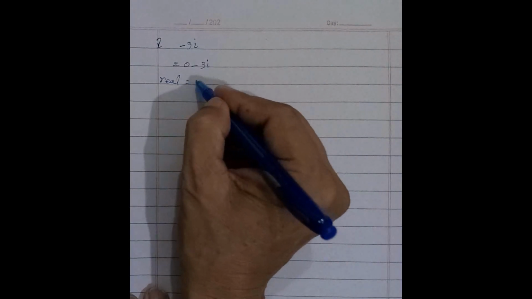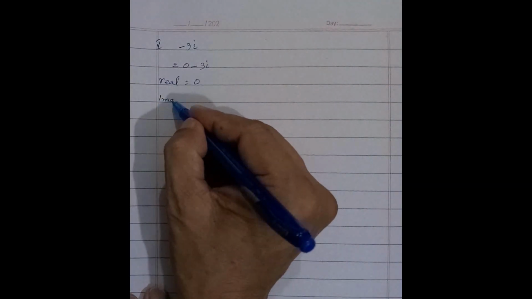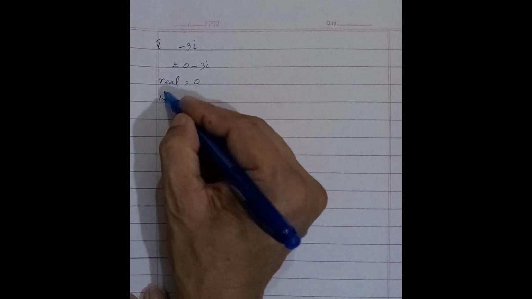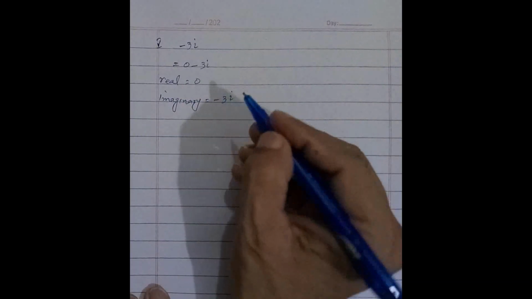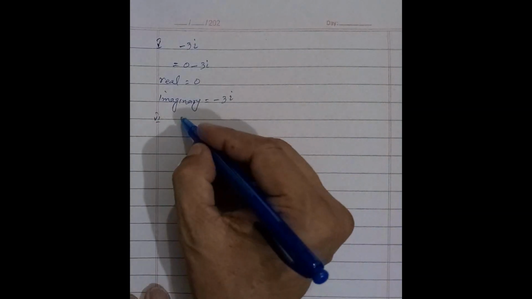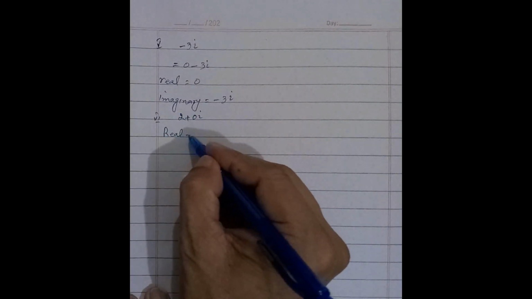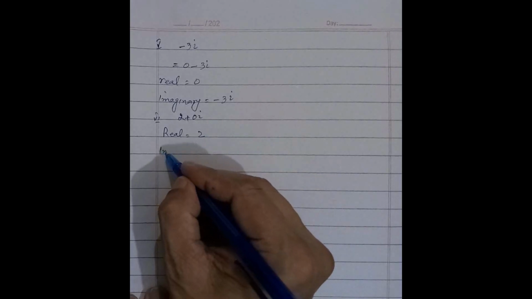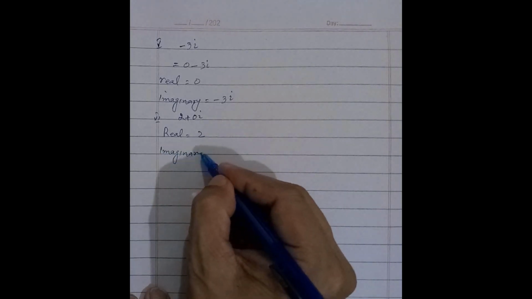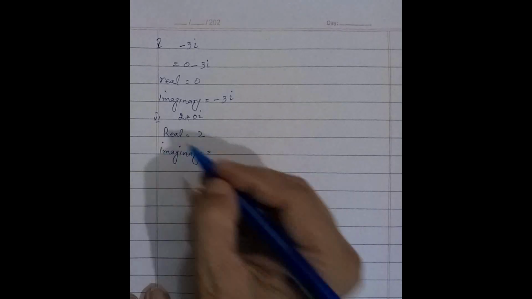The real part is 0, and the imaginary part is minus 3 iota. And the sixth is 2 plus 0 iota. Here the real part is 2, and the imaginary part is 0 iota, or we can write it 0. This is question 3 of exercise 2.5.